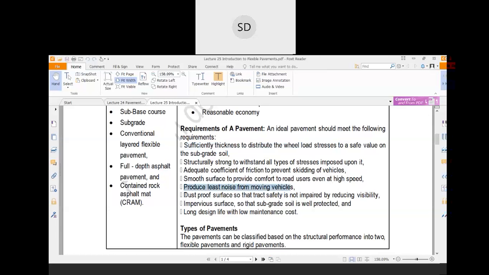Then produce least noise from moving vehicles, a dust-proof surface so that traffic safety is not impaired by reduced visibility, an impervious surface so that water cannot penetrate through it and reduce the effectiveness of the subgrade layer, and long design life with low maintenance cost.